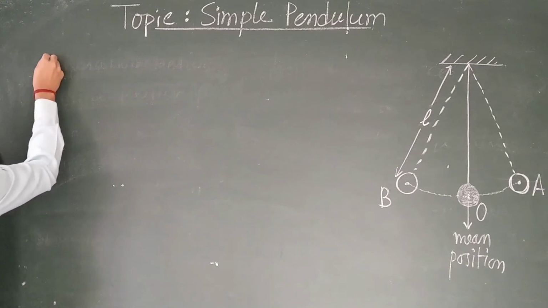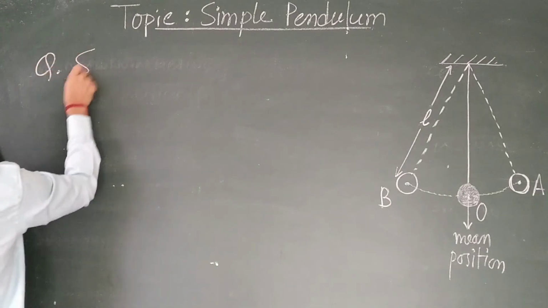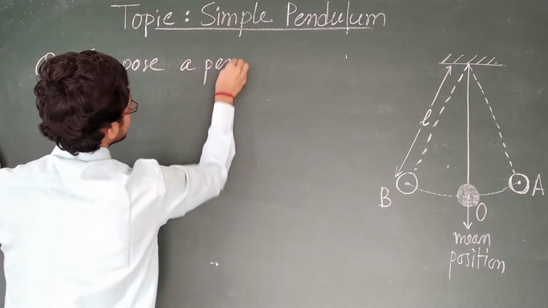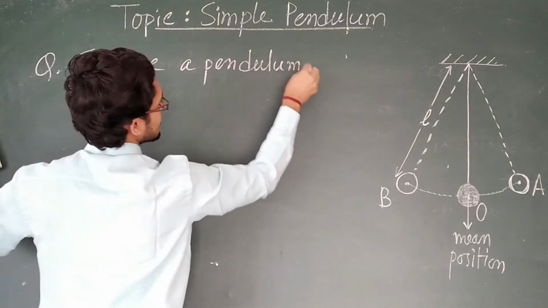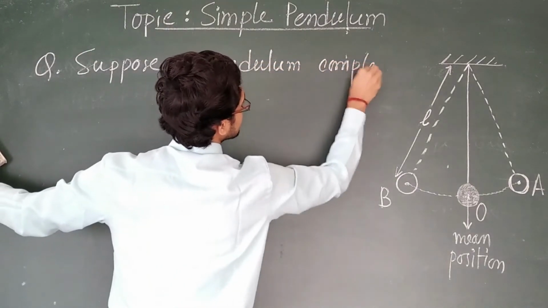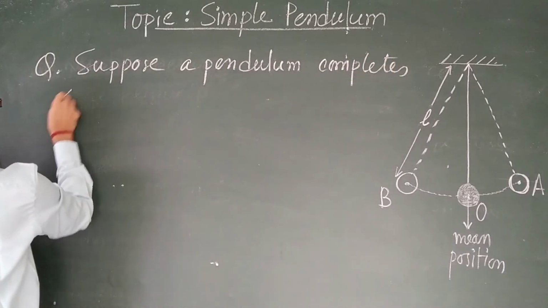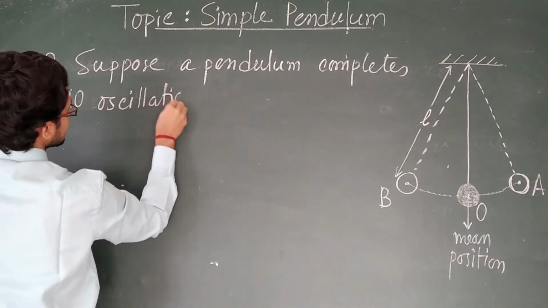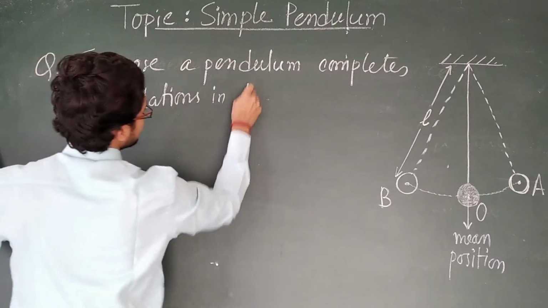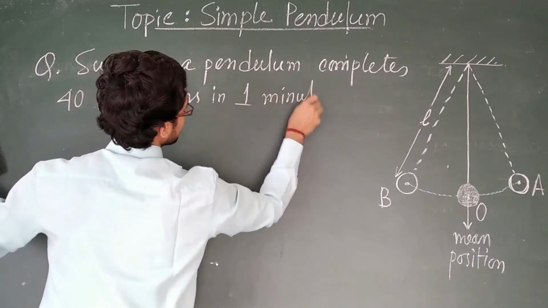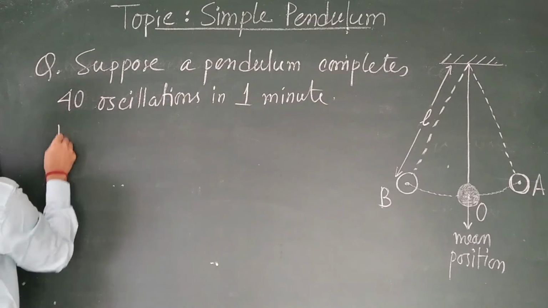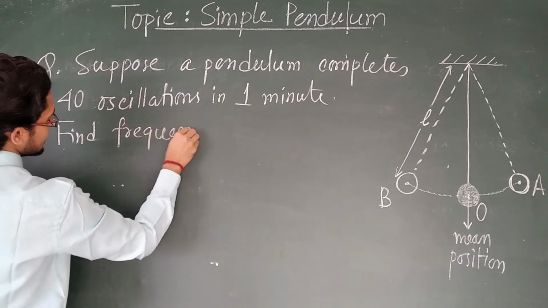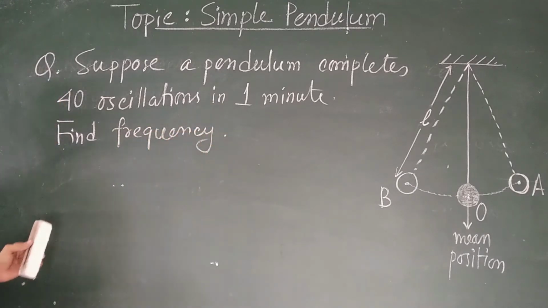Now, numerical. Question: suppose a pendulum completes 40 oscillations in 1 minute. Find frequency. You may get this kind of question. How will you calculate?